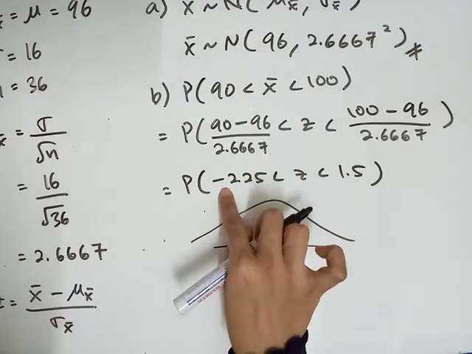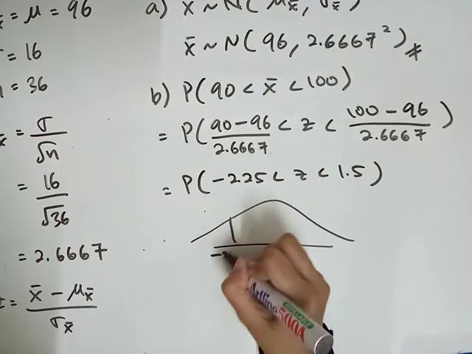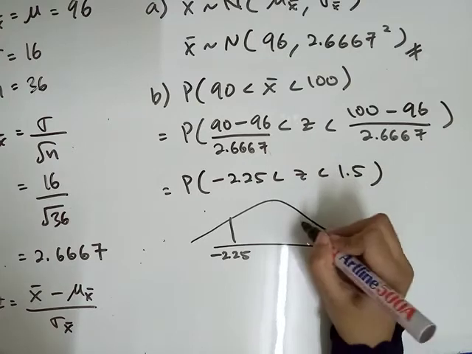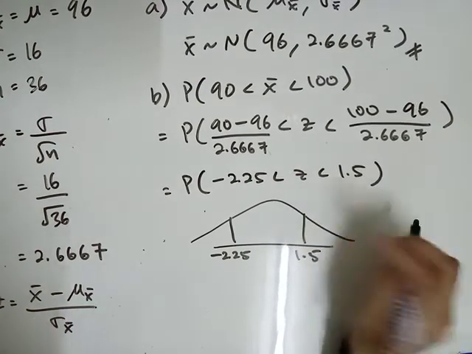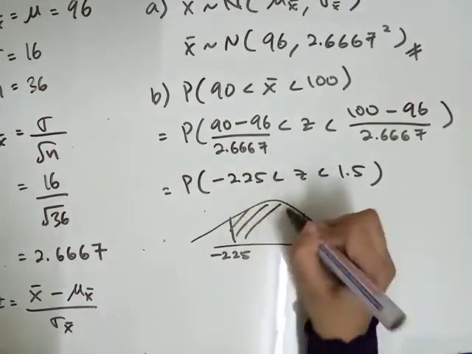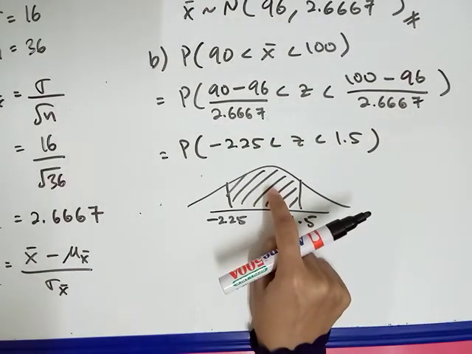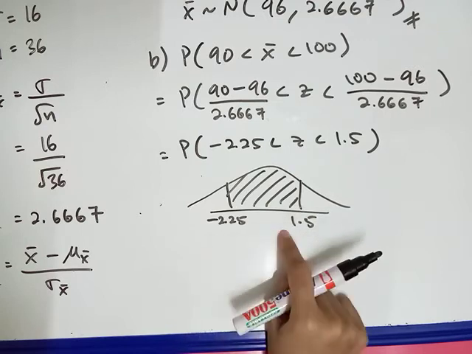Okay, one is negative 2.25, which is on the left side. One is positive, which is on the right side. So, the area is in between. So we need to find the probability of the area, okay, from this between z value.